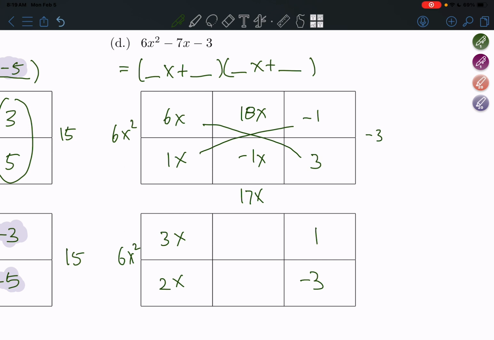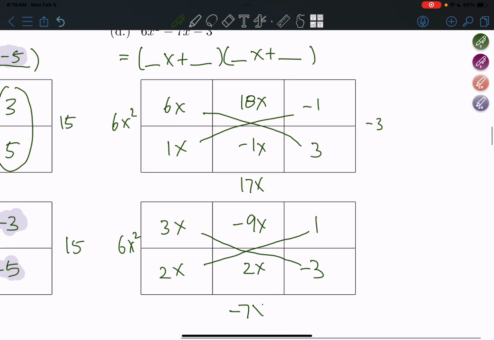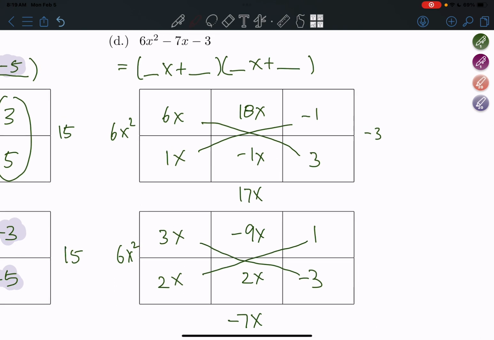So 3x times negative 3 is negative 9x, and then 2x times 1 is 2x. Now if you add these together, you get negative 7x, which is what we're looking for. So that's the right factor.